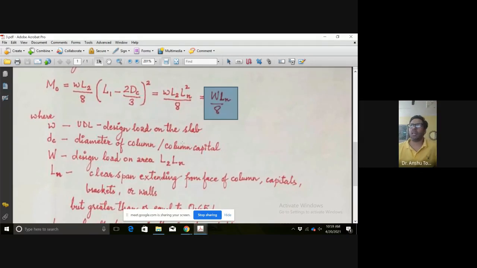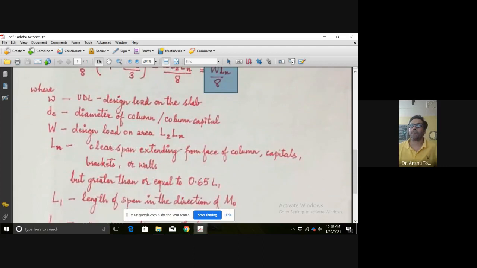Otherwise, you can say the dimensions. W is the design load on area L2 into Ln, in both the directions. Whatever the design load is coming onto that area. Ln is the clear span extending from the face of the column capitals, brackets or walls.